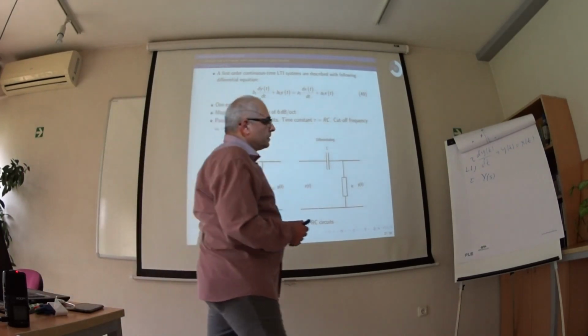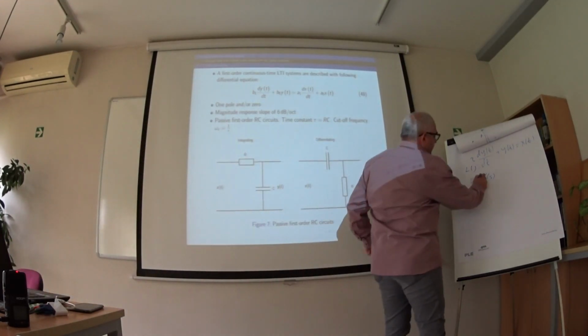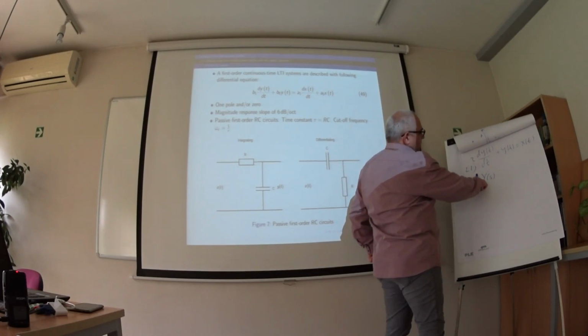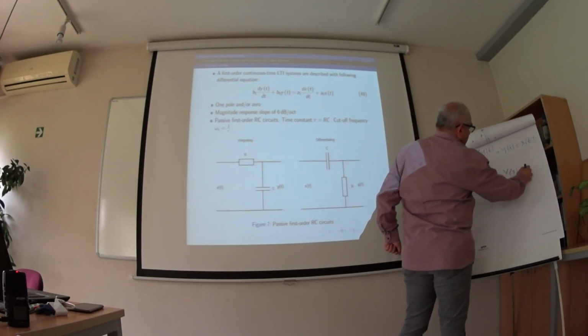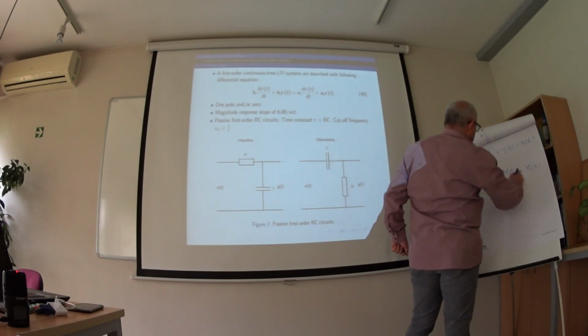Now we have tau s times Y of s plus Y of s equals X of s.